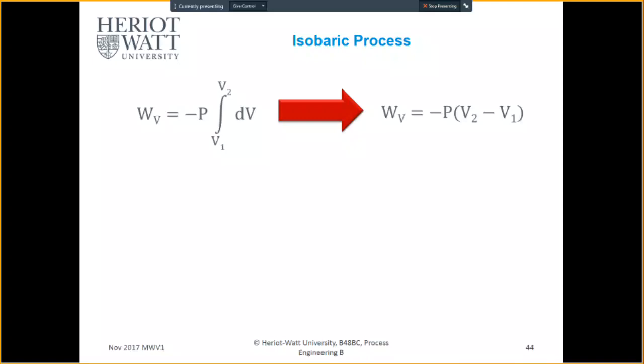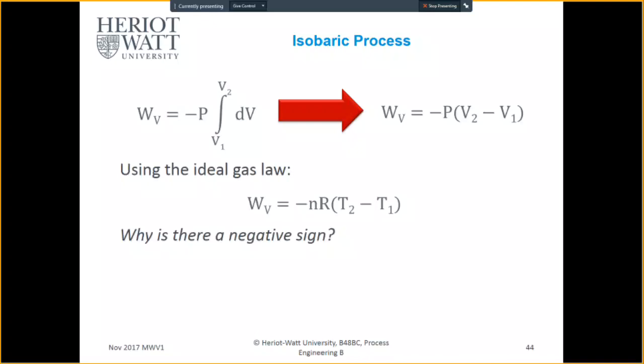So your volume work is minus P multiplied by V2 minus V1. So your change in volume. Using the ideal gas law, you can basically calculate all three thermodynamic parameters from this simple analysis. So because your pressure is constant, you can calculate the temperature as well.